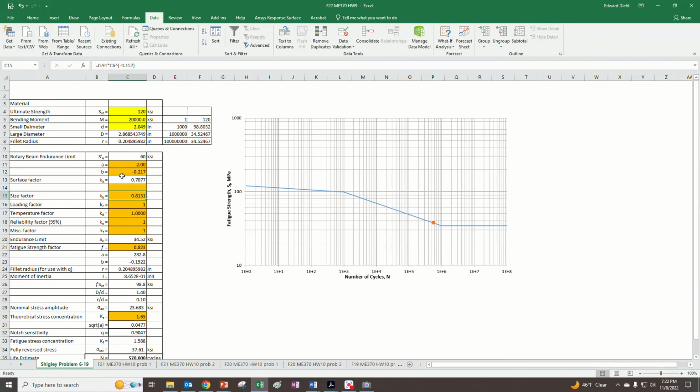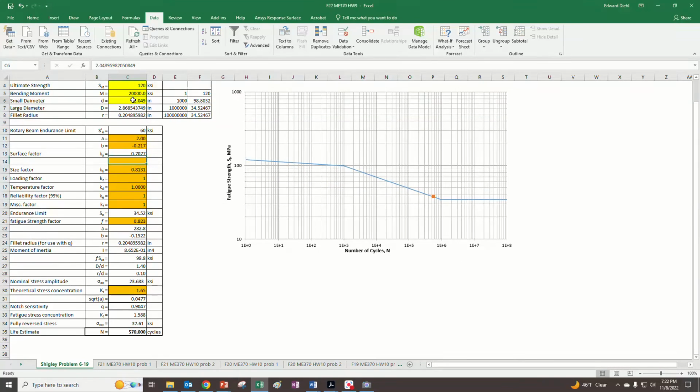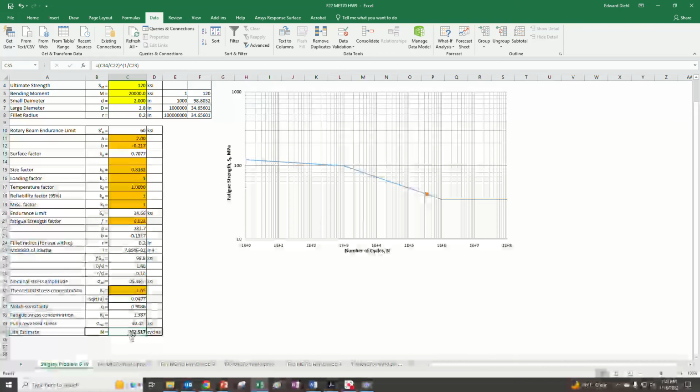We also might want to go back and reinvestigate. So we might want to pick, like, what is the effect of just being 2 inches instead? Well, that's a pretty big jump from our 570,000. We have 362,000. And recall how I'd only want you to give 2 sig figs when you report a life of something, because this is way too specific.